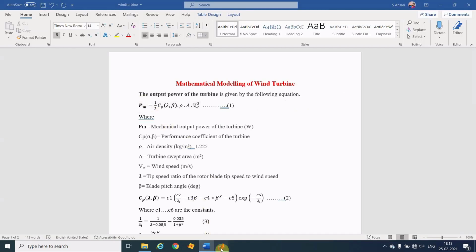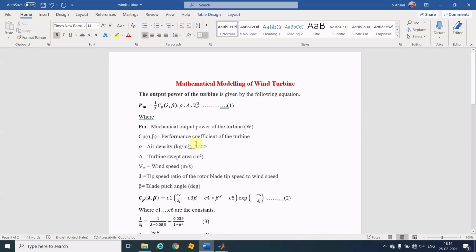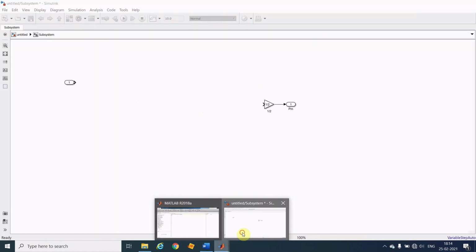Next, what is the formula telling? 1 by 2. So we need a gain of 1 by 2. Whatever comes next, see here, this is Cp, rho, A, V, so 4 quantities will come.